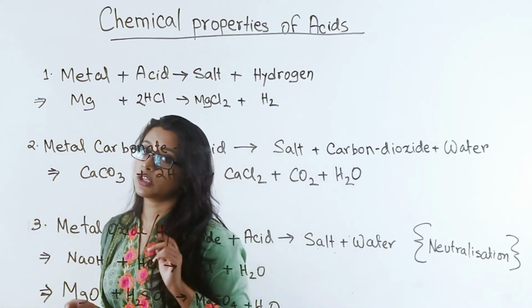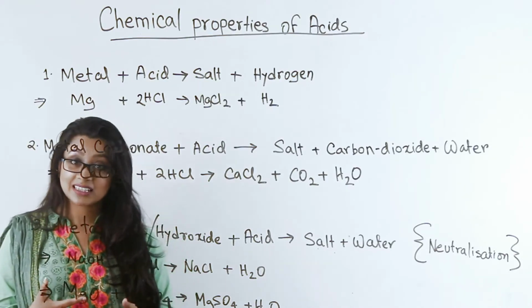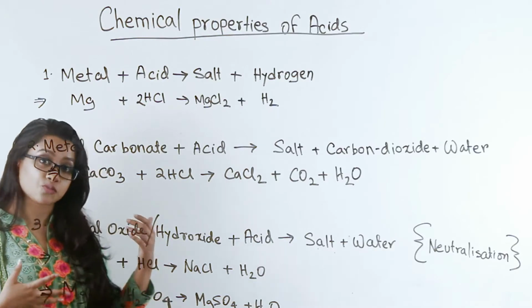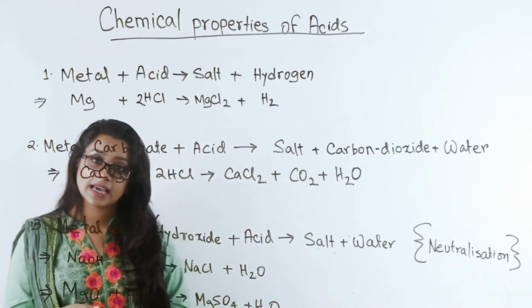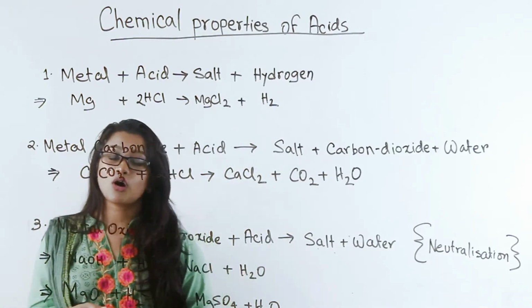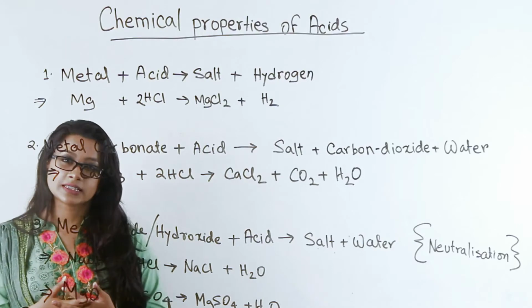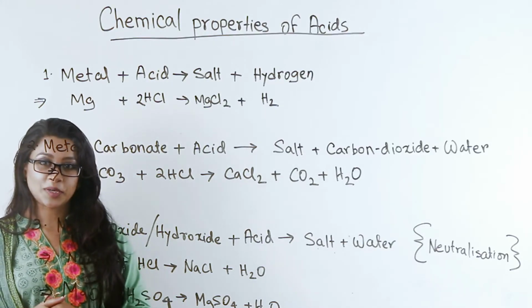Next comes chemical property number 2: when you react a metal carbonate with an acid, what is produced is salt, carbon dioxide, and water. So, salt, carbon dioxide, and water. How does that happen? That is shown in the chemical equation below.